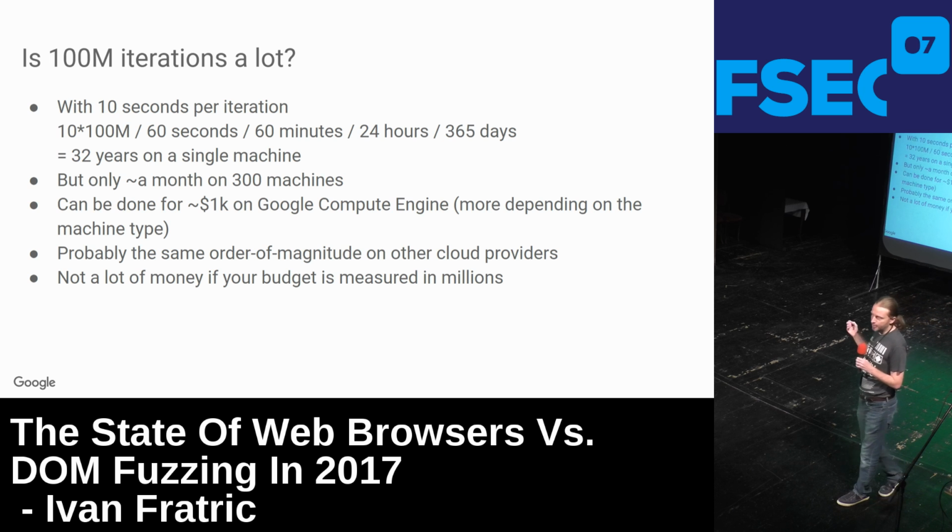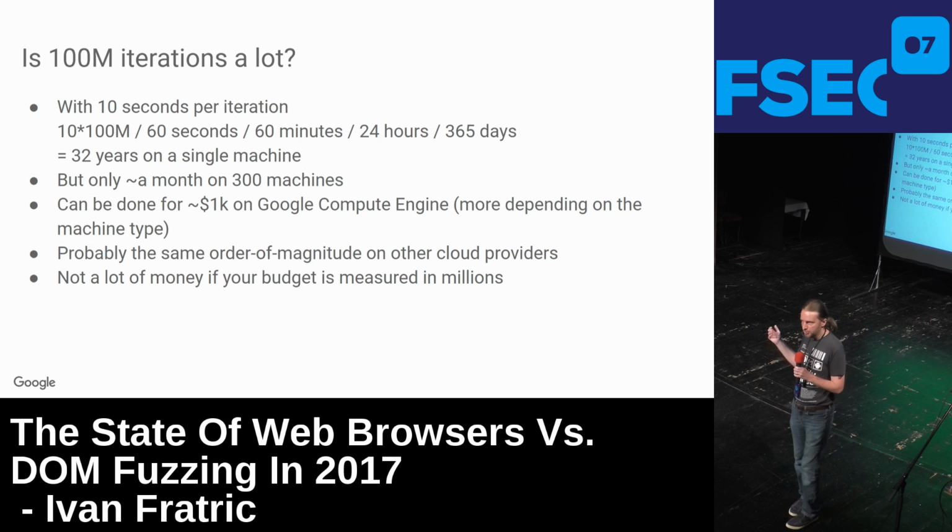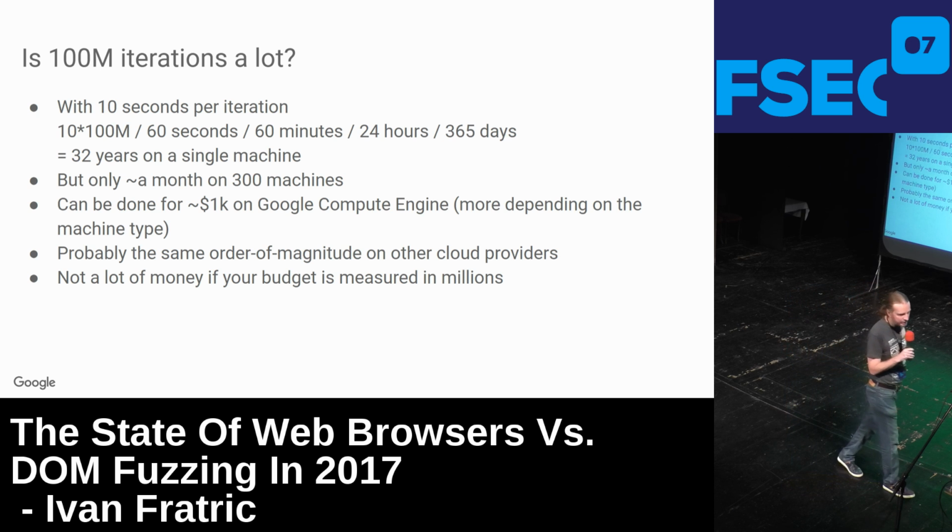And that might be a lot for a hobbyist, but if we are assuming advanced adversaries whose budget measures in millions or possibly billions of dollars, or if you're selling exploits for hundreds of thousands of dollars, then $1,000 doesn't seem like such a large investment at all.